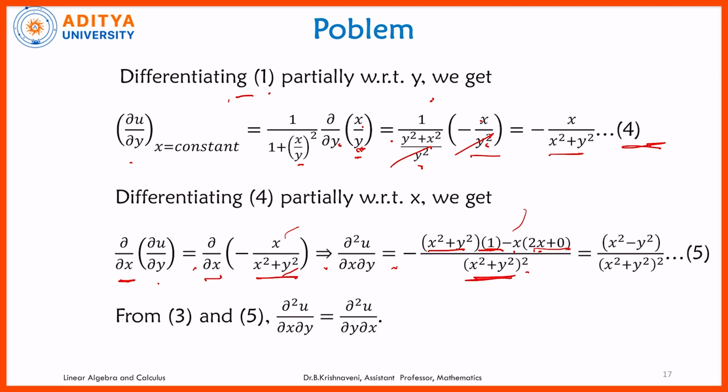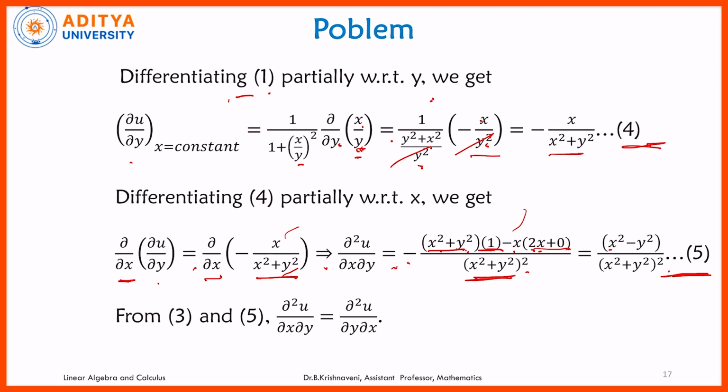That equals minus of x square plus y square minus 2x square, that is y square minus x square, and since we have the minus before, it can be written as x square minus y square by x square plus y square whole square.